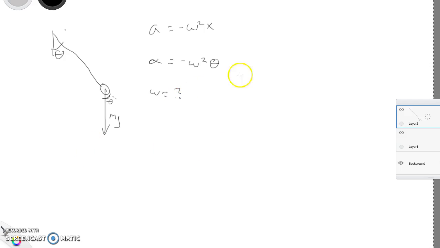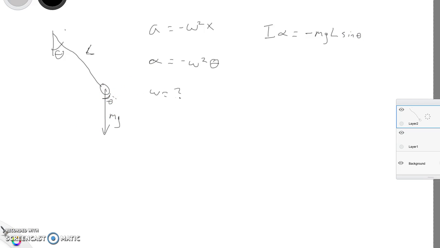Okay, so let's start by setting up a net torque equation. So for this system, I alpha is going to be equal to the torque, negative mg, times the length of the pendulum, L, times the sine of the angle right here.